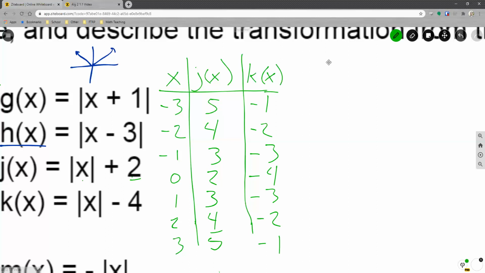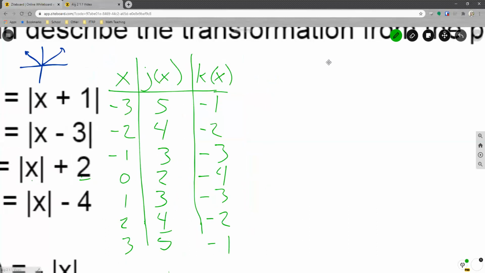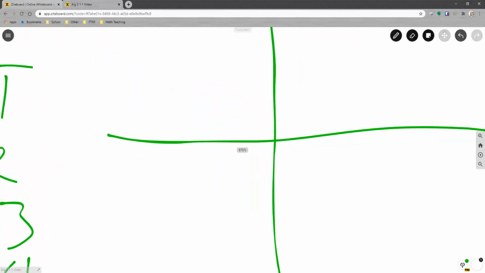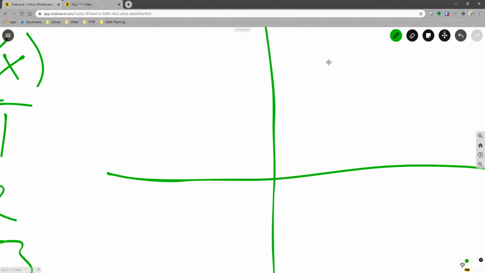So with this chart, I've got x values for inputs, and I actually have 2 sets of y values for outputs, my j of x values and my k of x values. So again, I'm going to zoom in on this and try to do this as best I can.